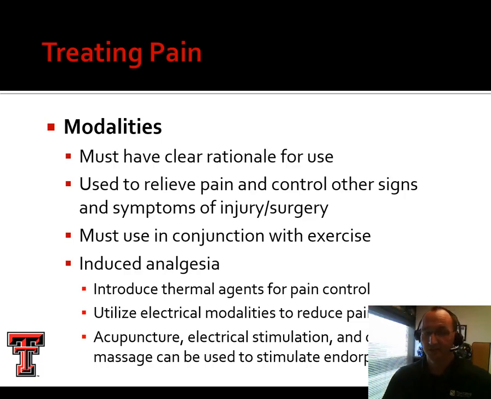If there's a justifiable reason for using it, then that's fine. If there's not, then do something else. We don't want to use modalities all by themselves. They are an adjunct. If I can treat their pain, hopefully they're better, and then I can utilize therapeutic exercise or manual therapy in order to further improve that healing environment.